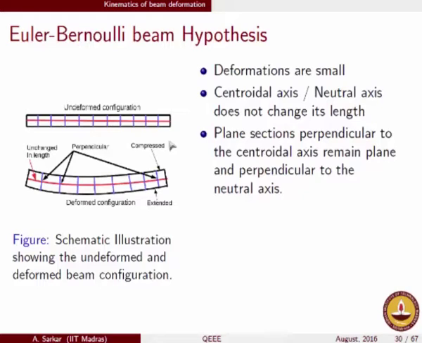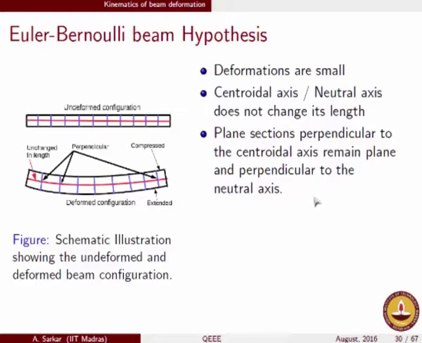But as far as the limitations of Euler-Bernoulli beam analysis go, we are looking specifically at the type of beams wherein, before and after deformation, whatever were the plane normal sections in the undeformed configuration remain normal, plane sections even after the deformation.